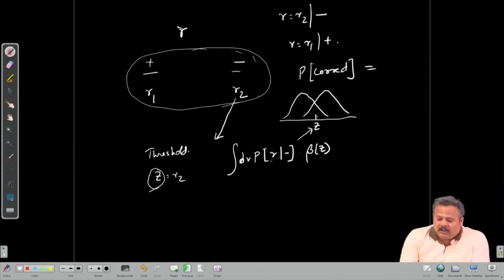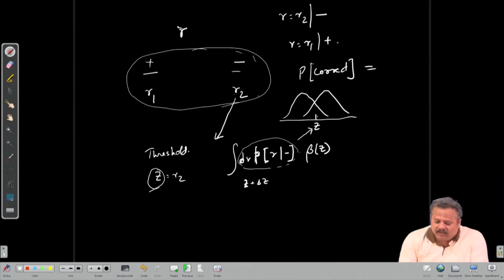That this density P(R given minus) times dR is the probability that the rate is on Z and just around Z plus delta Z. That is our probability, and times our beta Z.